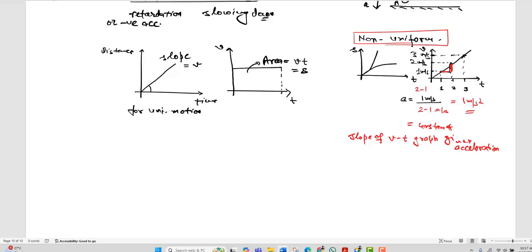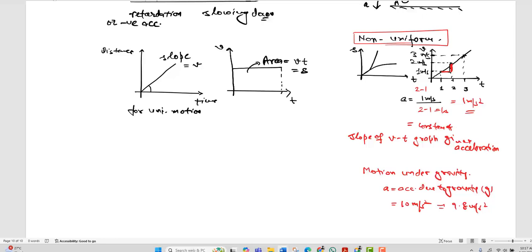And the best example is motion under gravity. This is the best example of motion with constant acceleration. Acceleration due to gravity is denoted by the letter small g, and the acceleration is 10 meter per second square, or sometimes it is also written as 9.8 meter per second square.